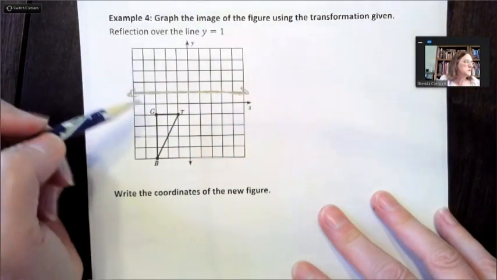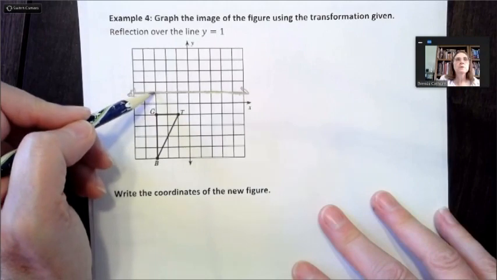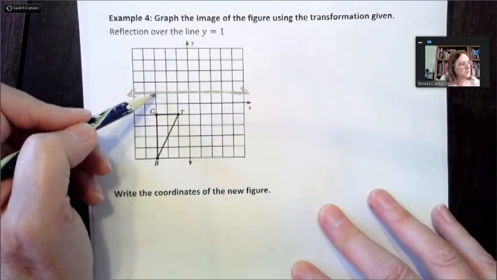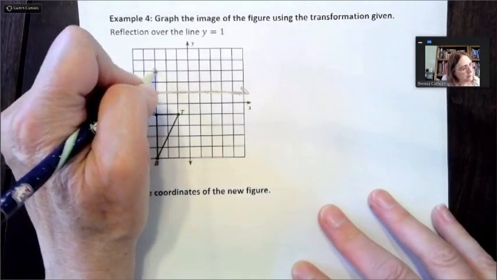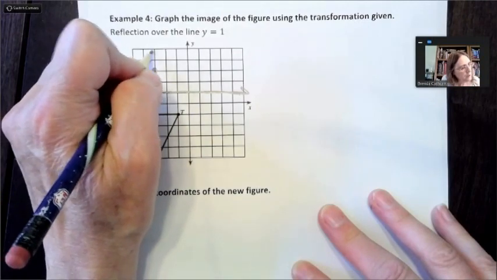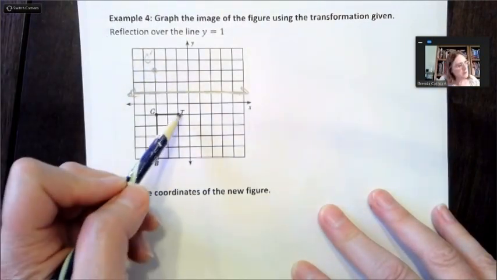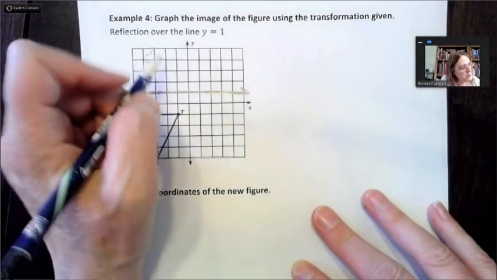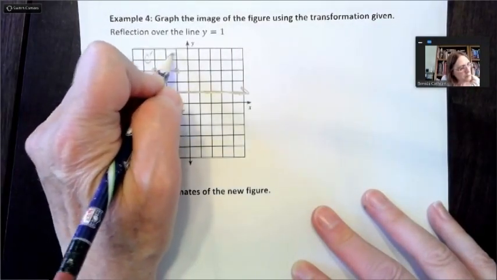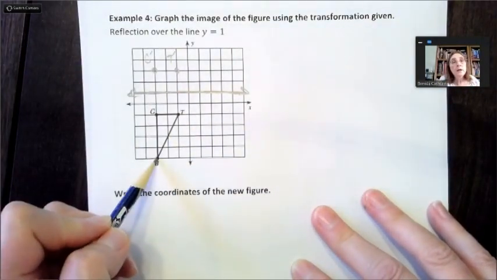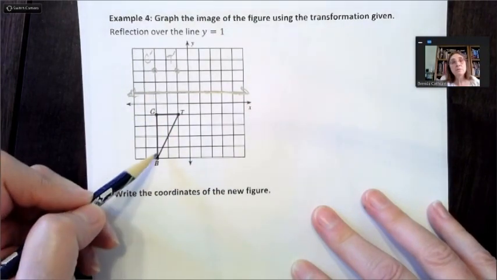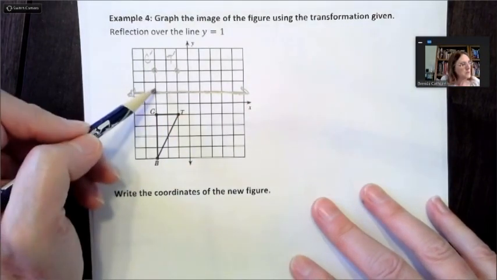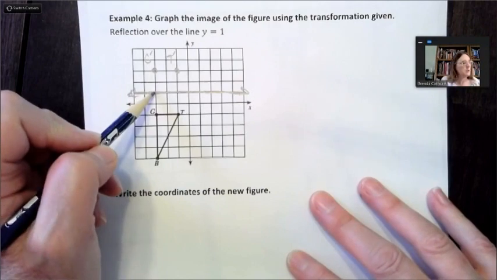So notice this time that our G is 2 units below our line of reflection. So we are going to go 2 units above for the image. And T is 2 units below, so it's going to reflect to 2 units above. B is now 6 units below our line of reflection, so it needs to be 6 units above y equals 1.